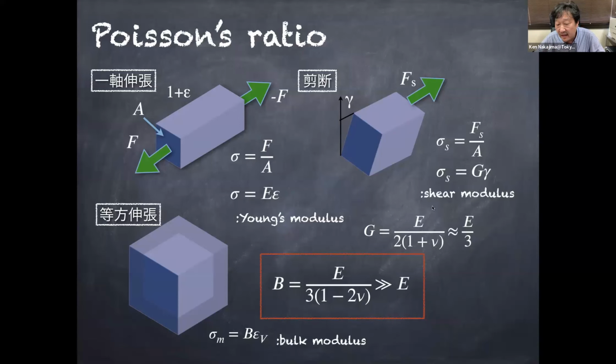G and E have this relationship. So if you know E, you can also calculate G. Anyway, in case of a rubber sample or plastic sample, the nu value is like 0.5 or 0.34. Then the G value and E value don't differ so much. Just in the case of rubber, by substituting 0.5 here, G equals E over 3. So just a 3 times difference.